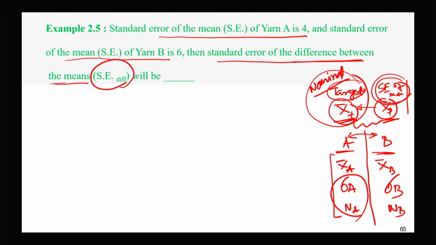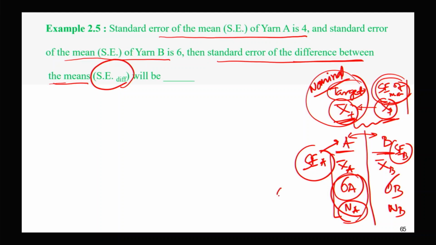So to solve this numerical, we can calculate the standard error of sample A, SE A, and the standard error of sample B, SE B, because the standard deviation is given and the number of samples is there.